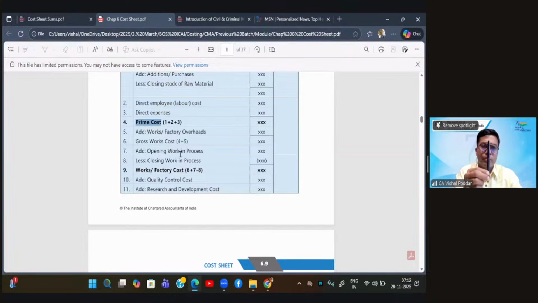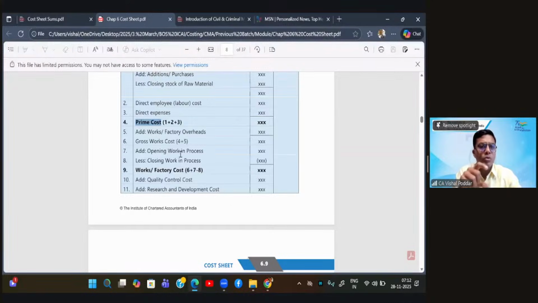And the cost which is common, like a facility which will be used for manufacturing this pen, and which will also be used for manufacturing other pens or other products, that becomes my indirect cost. So generally the common facility cost is the indirect cost called overheads.